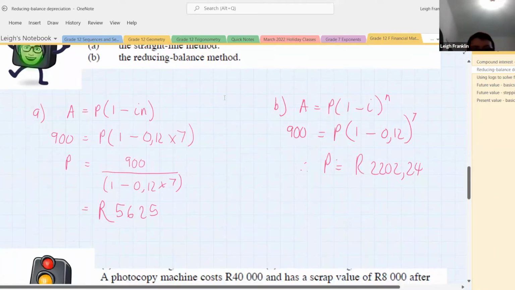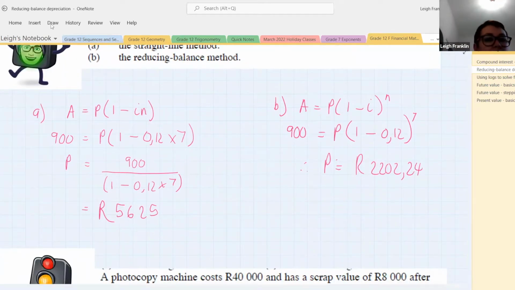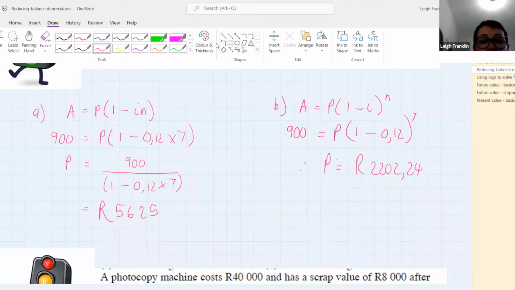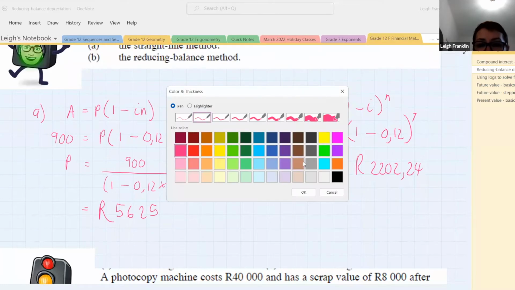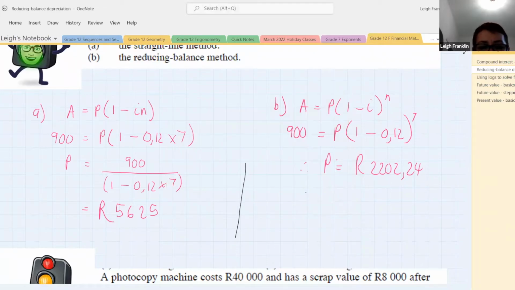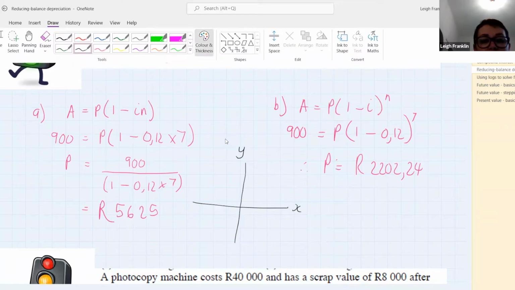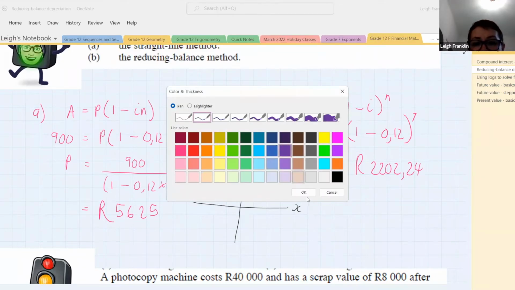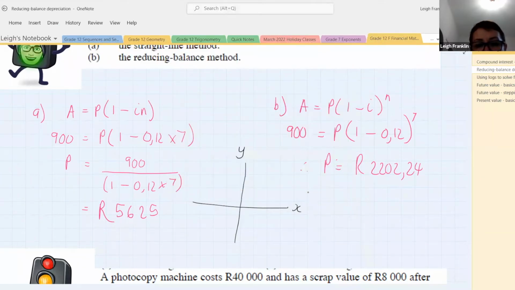So in other words, when it comes to linear depreciation, it's a straight line with a negative gradient. Let me just show you what I mean here. If I draw a set of axes, I beg your pardon, those really are not great. As far as reducing balance is concerned, let's try purple. It's going to be that sort of shape.